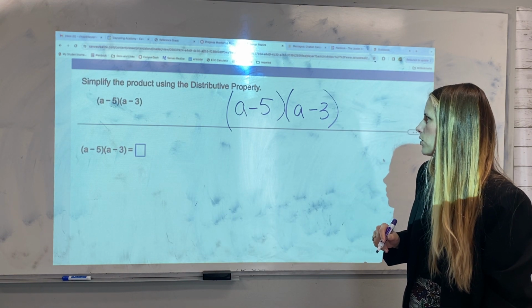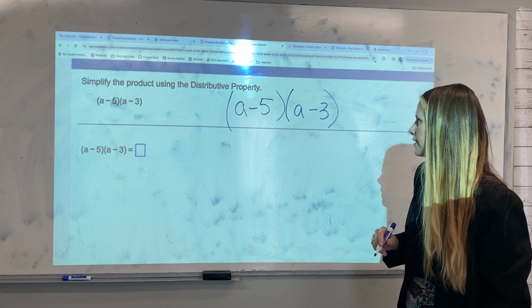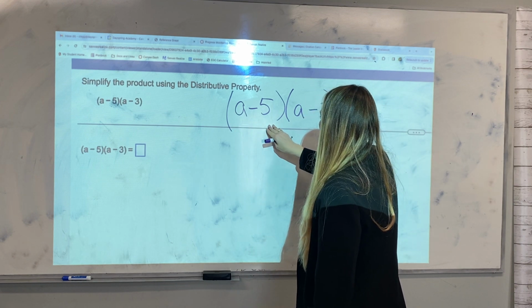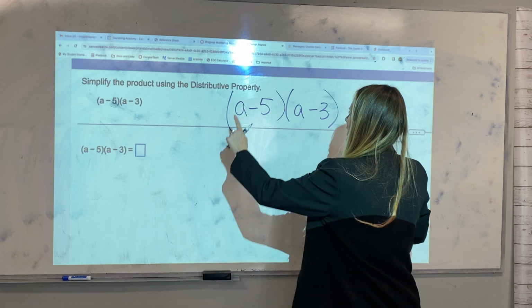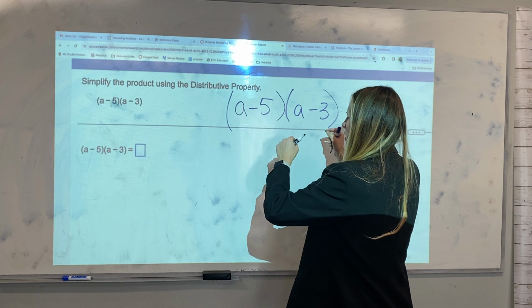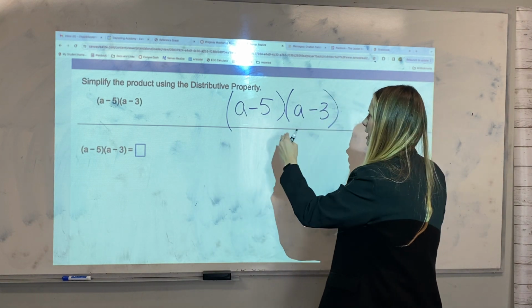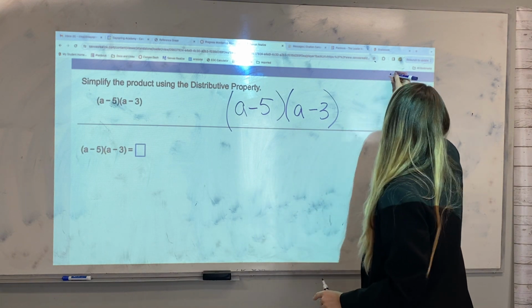Now, do you agree that if this whole expression is being multiplied by this whole expression, that means each individual term is being multiplied by all of the other individual terms? And I can prove that with the table method.